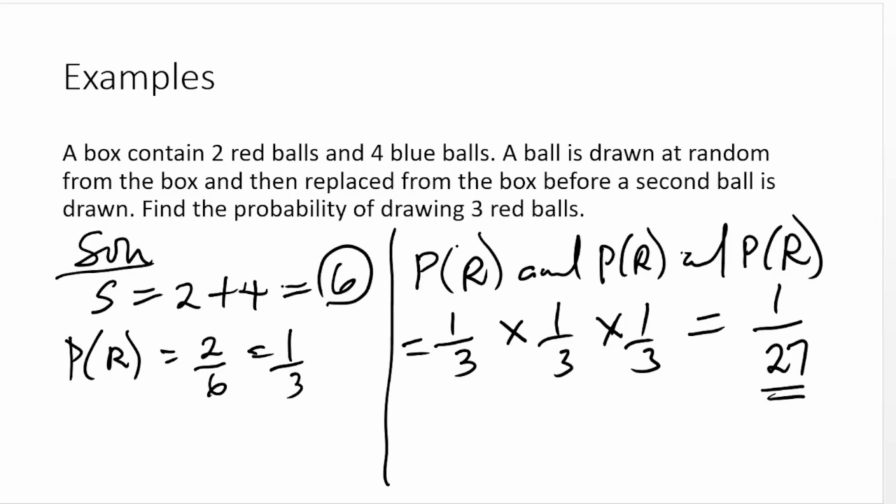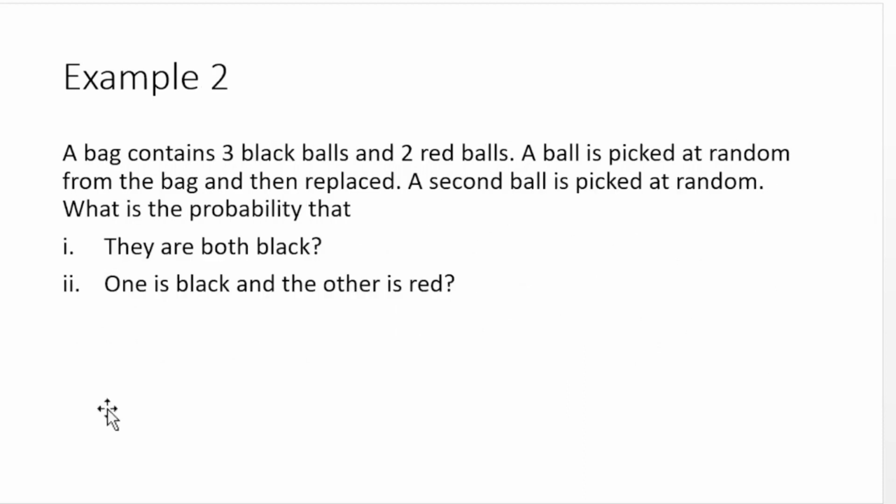So let's look at the second example. Example 2: a bag contains 3 black balls and 2 red balls. A ball is picked at random from the bag. So the first thing we're going to do here is divide this into 2.